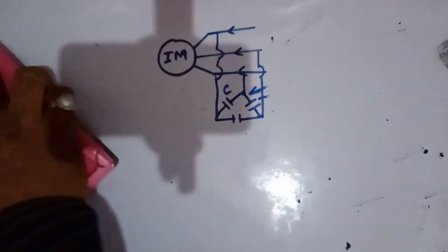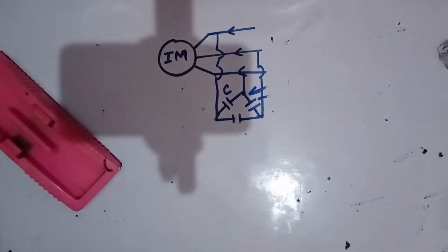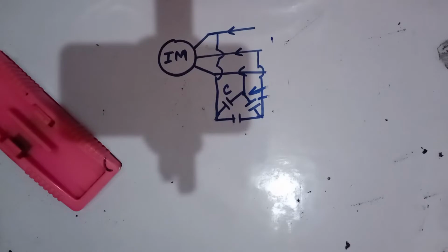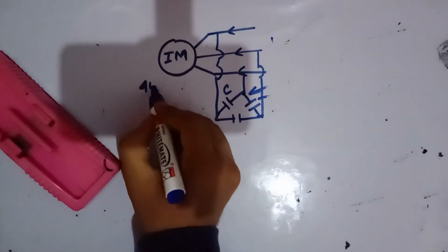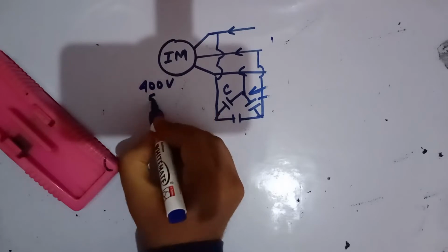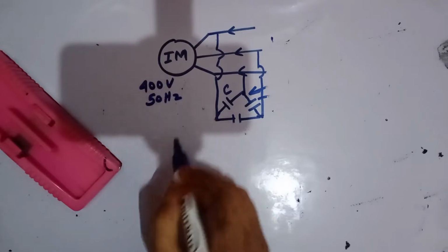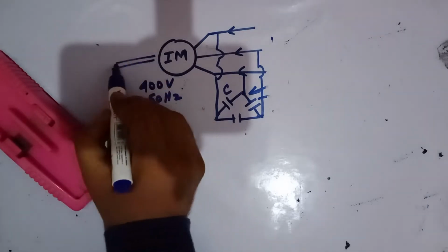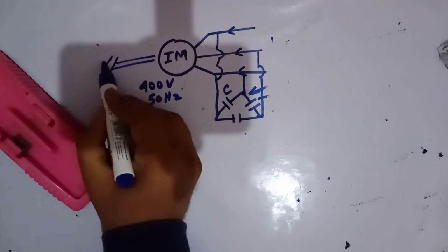So here the question is: a three-phase induction motor rated at 400 volt, 50 hertz, coupled to a pump. There is a pump connected here.